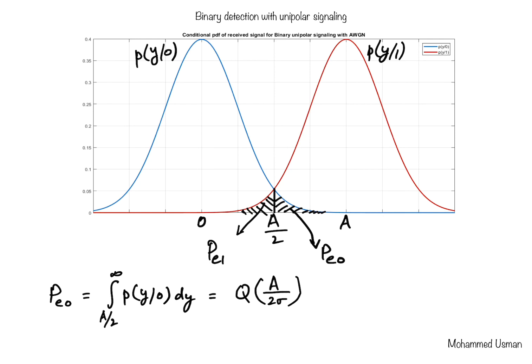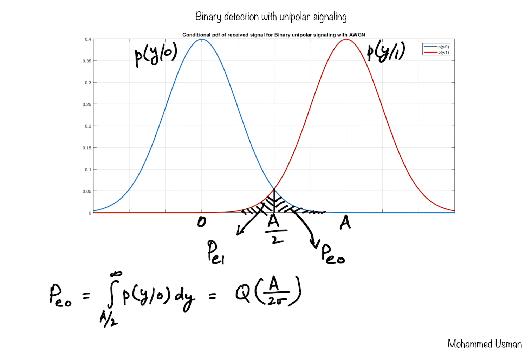But the error probability when 1 is transmitted is the area under this red PDF to the left of a by 2. But we can't just write it as the Q function because this red PDF is not centered on 0. It is centered on A. So we need to shift this and make it centered on 0.